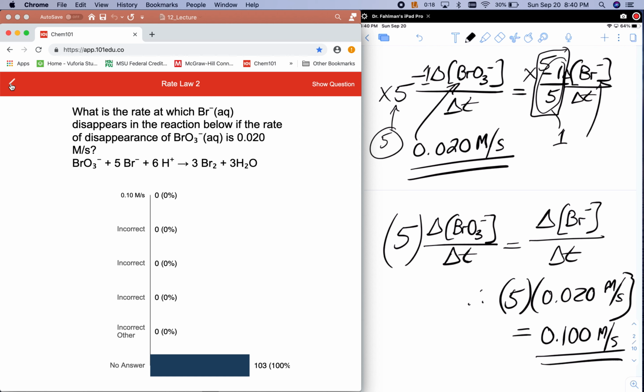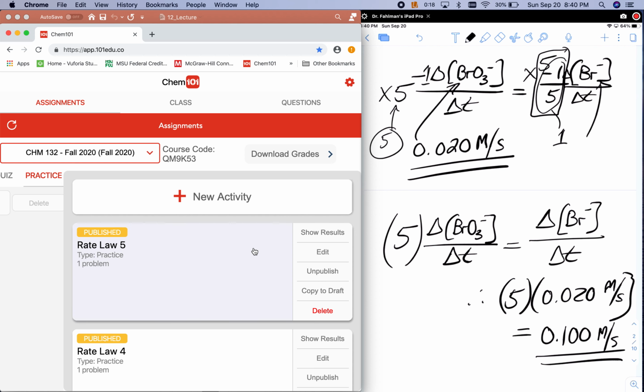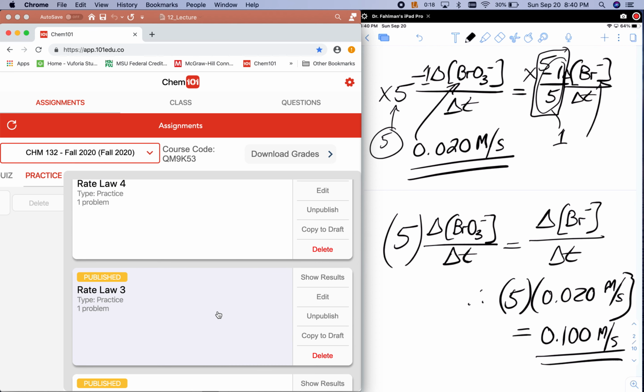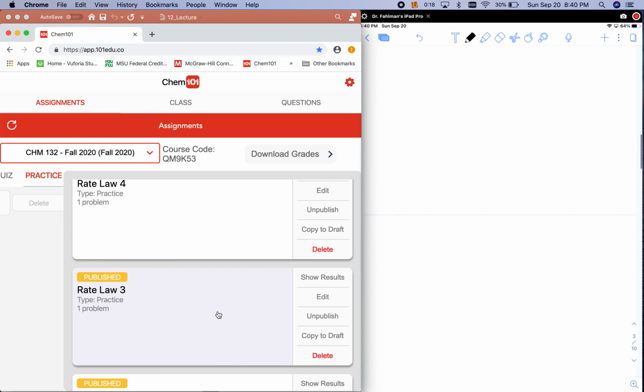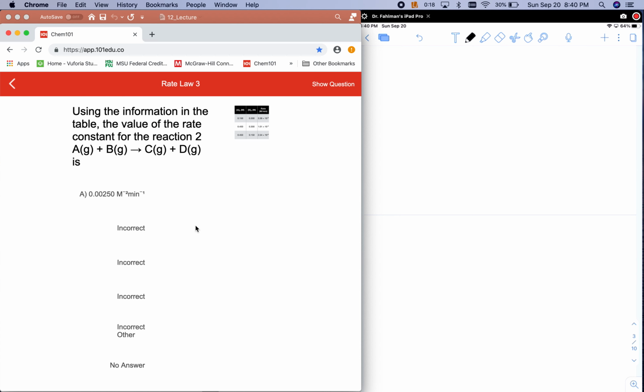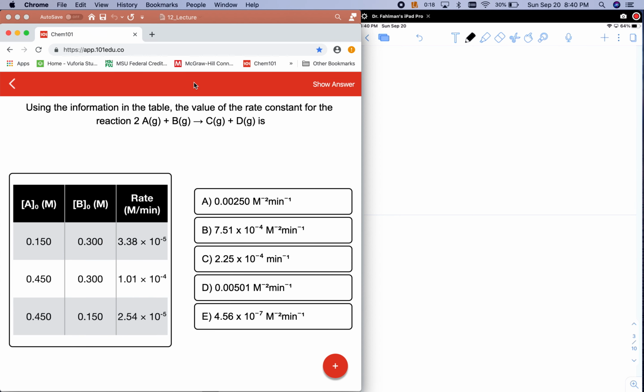All right. So another question that is fairly typical of something that you may see on either the midterm or the final. All right, so rate law 3. And here we get into determining the rate law based on data. So in this one, you want to know the value of the rate constant.